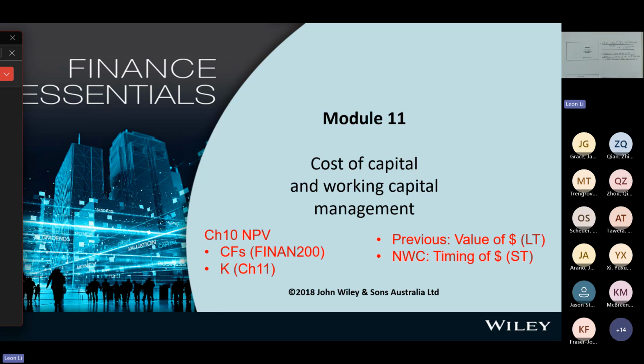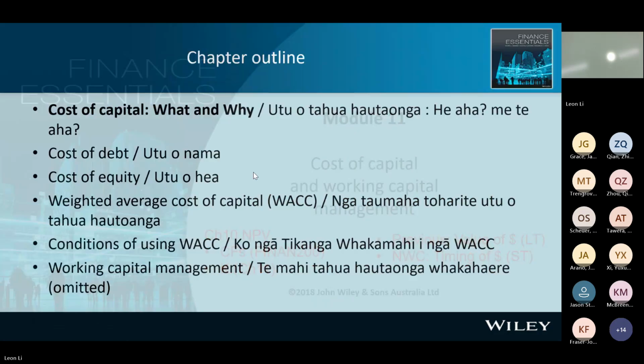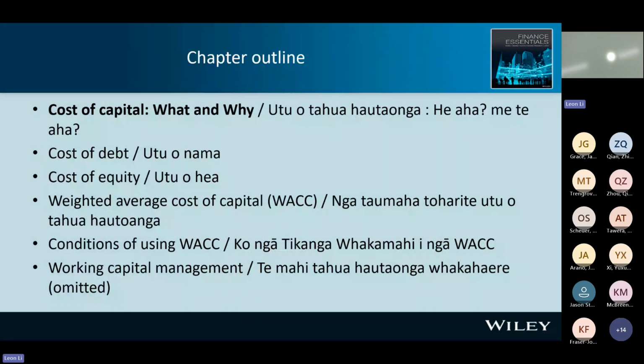All right. So in our final chapter, we discuss cost of capital, and the cost of capital is one of the key variables in our capital budgeting valuation. So in the chapter outline, we have 6 topics for this chapter.